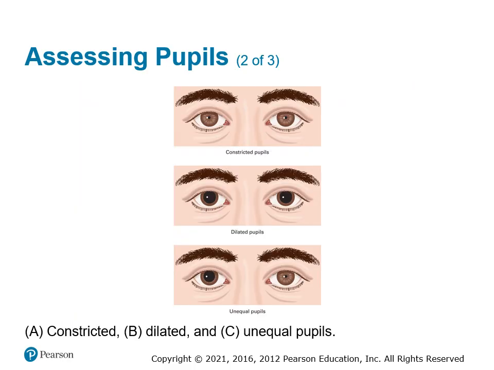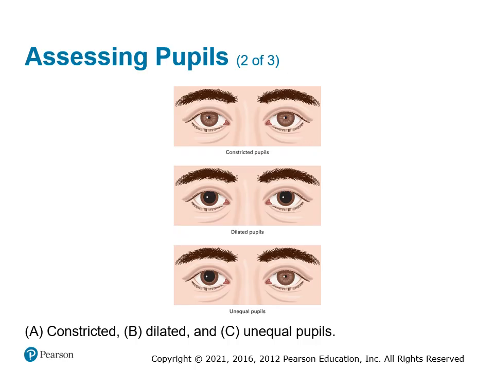Here is a picture of constricted pupils on top. This is where they're already constricted. That might be somebody that's taken a narcotic or has overdosed on an opioid might have constricted pupils. The second picture is dilated pupils. A person with dilated pupils might have taken some type of stimulation medication.